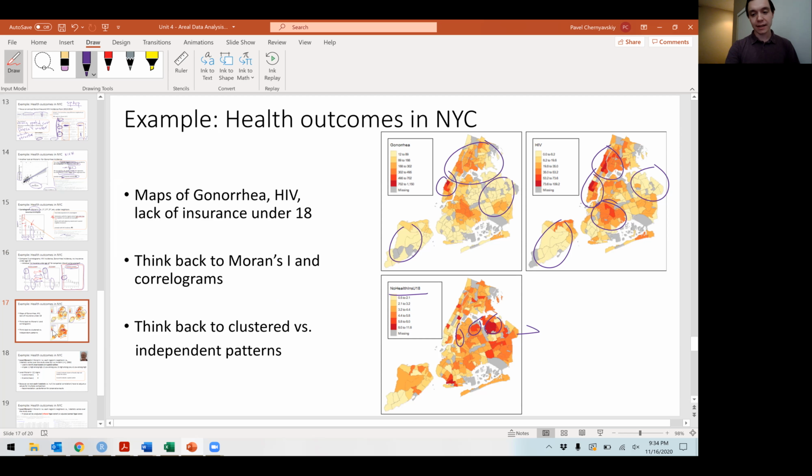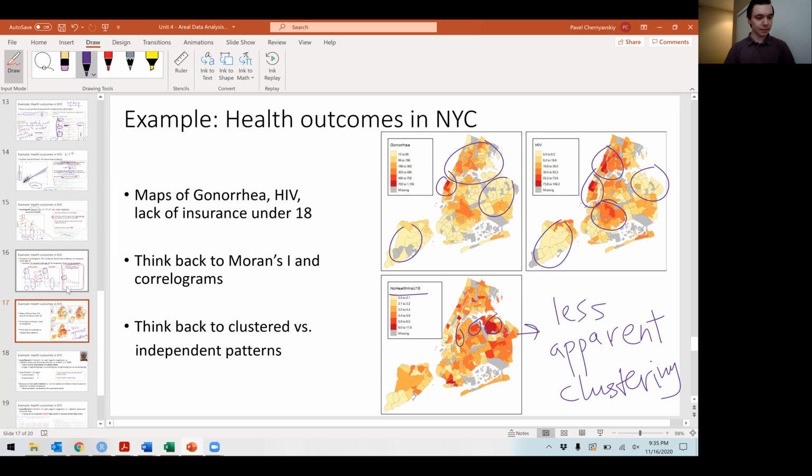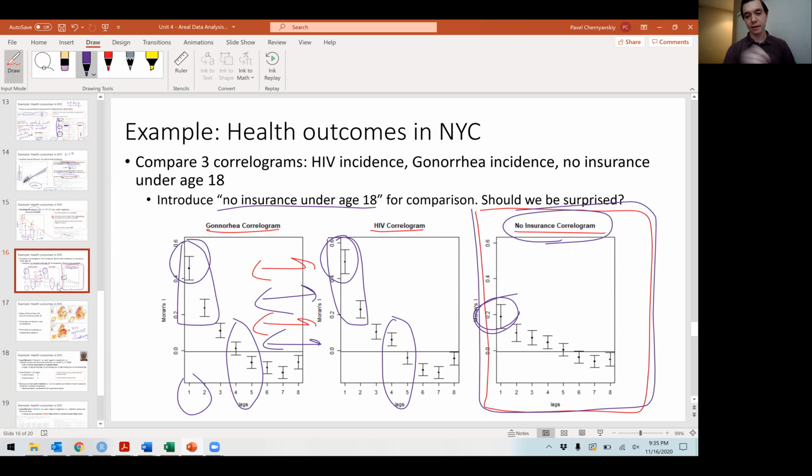And so there's a lot less clustering here, less apparent. And so the lack of clustering is reflected by this correlogram looking quite different than for our two sexually transmitted diseases.